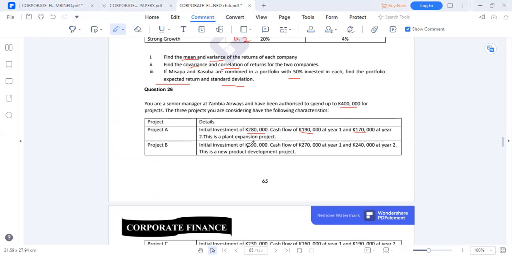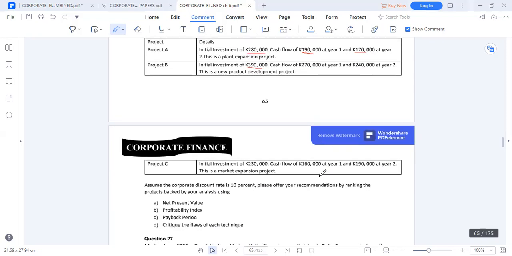Project B, an initial 390, year 1, 270, year 2, 240. And this one is a new project development. And project C, initial is 230, cash flows 160 and 190 for year 1 and 2 respectively. So you're asked to calculate the net present value, payback period, and profitability, and give a critique. So this is question 1 of your exam on capital budgeting.